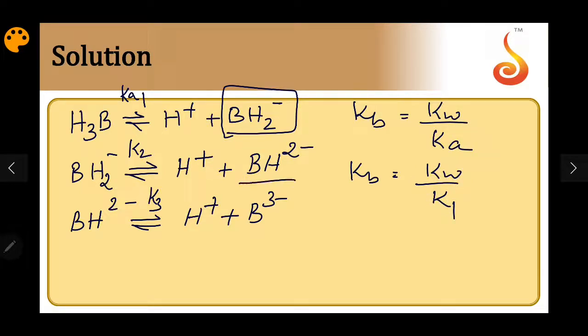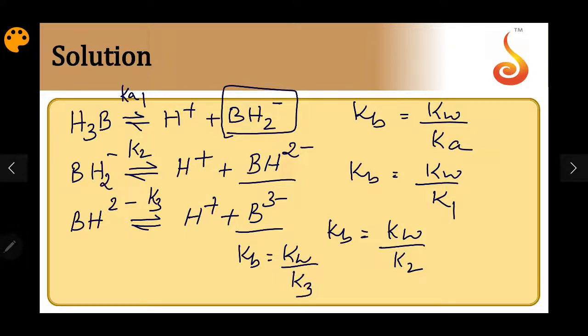If it is this, then Kb is equal to Kw by K2. If it is for B3 minus, then Kb is equal to Kw by K3. So whichever is asked, you can get the answer. BH2 minus will be this, BH2 minus will be this, and B3 minus will be this.